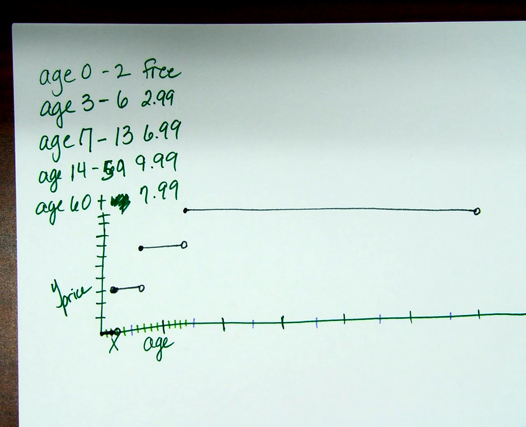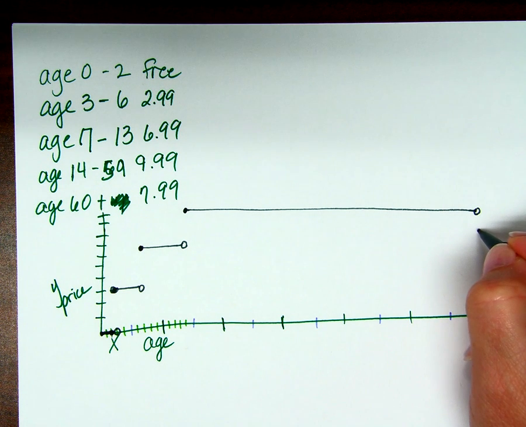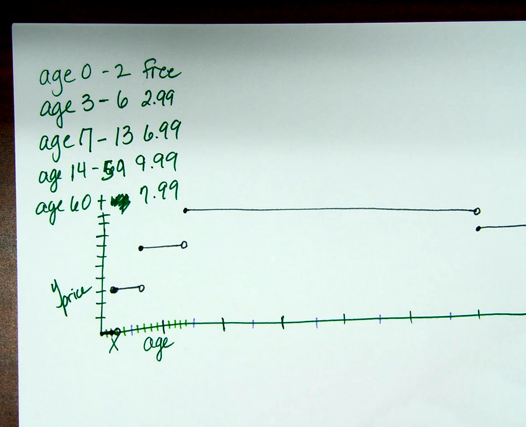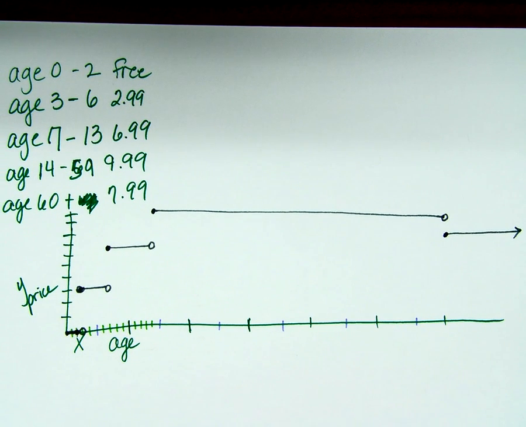And then what happens at 60? $8. So it's like down here. Yeah, excuse me, $7.99. And that goes all the way until, well, I don't want to talk about until. So that's what the graph would look like.